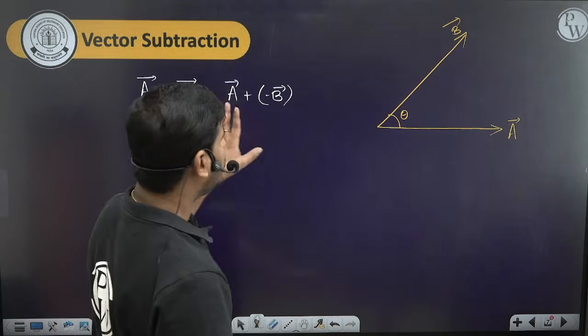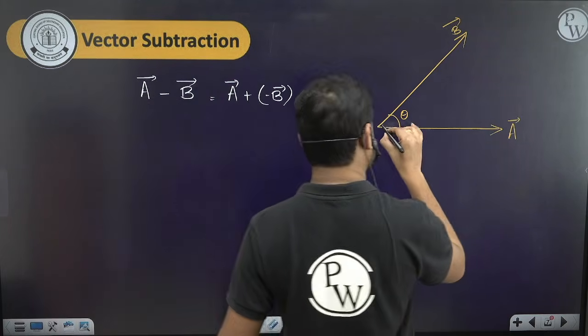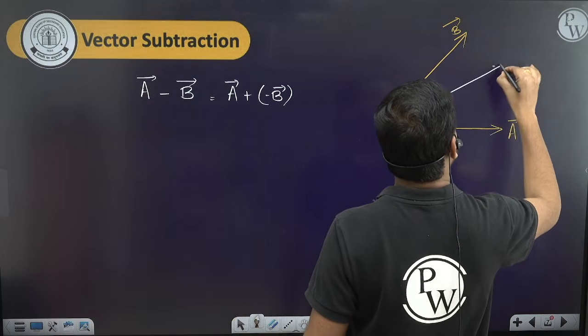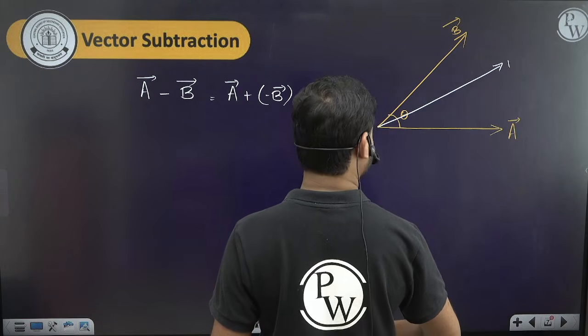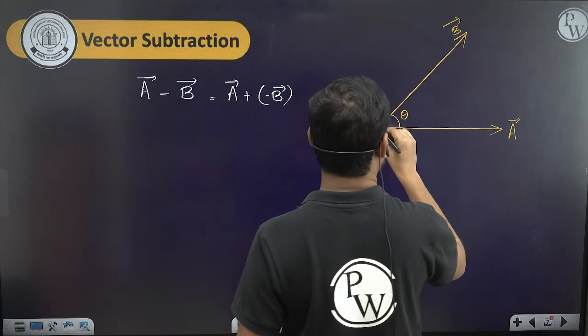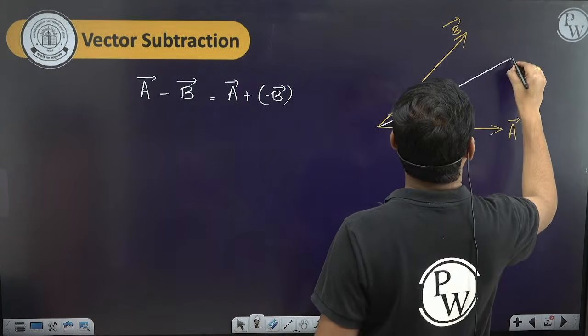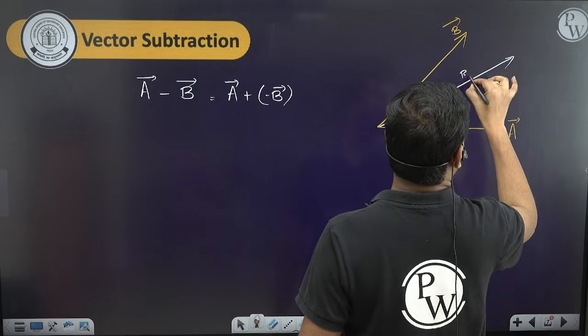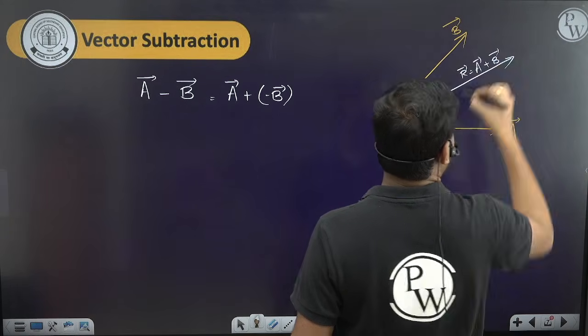If we have to find the resultant of these two vectors, that is addition. This is going to be the resultant. So if you draw the parallelogram properly, this is going to be the diagonal of the parallelogram, which is going to be vector A plus vector B magnitude.